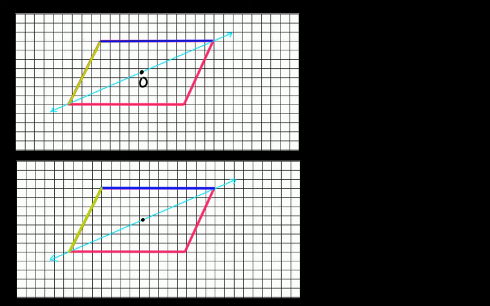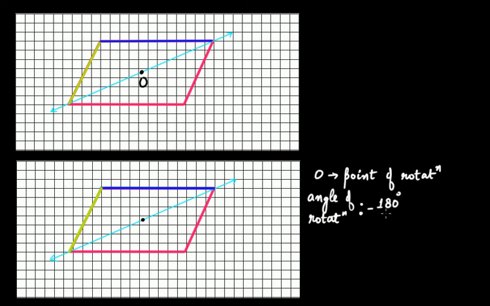It means that O is the point of rotation, and if you rotate around this point by 180 degrees, then you'll have a rotational symmetry.